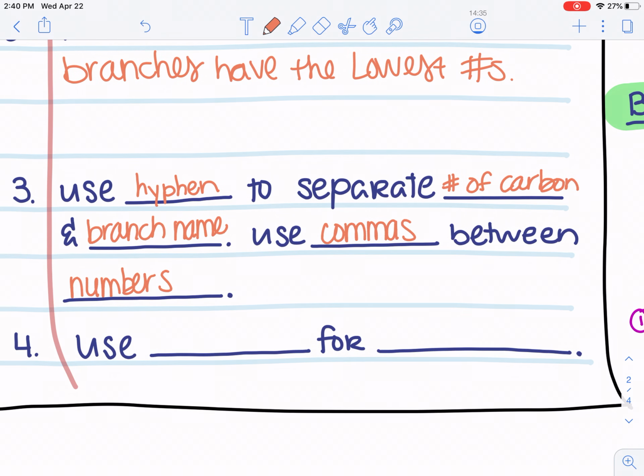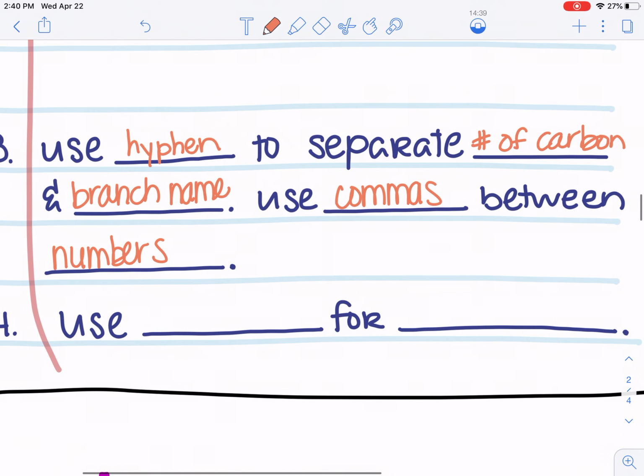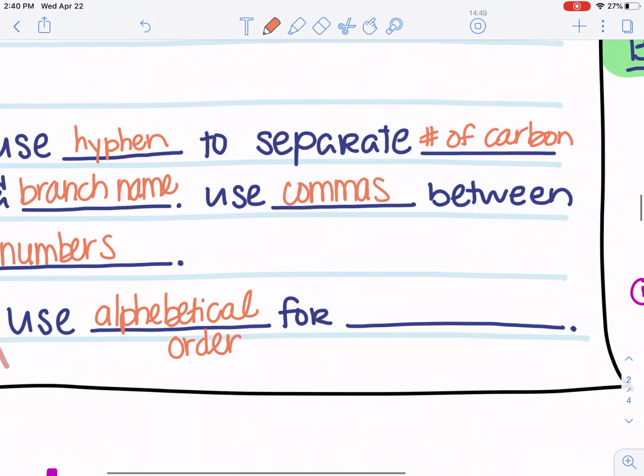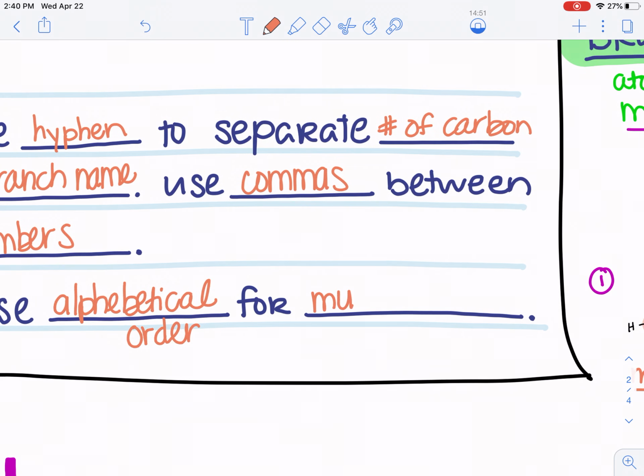The 4th thing to remember is to use alphabetical order for multiple branches.